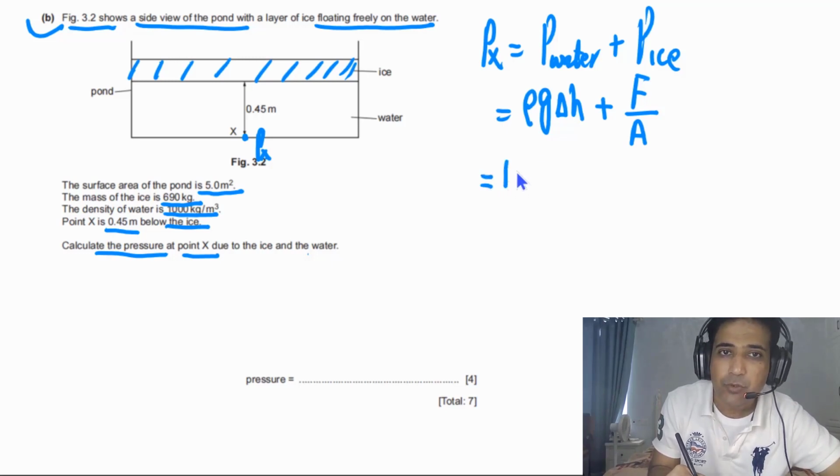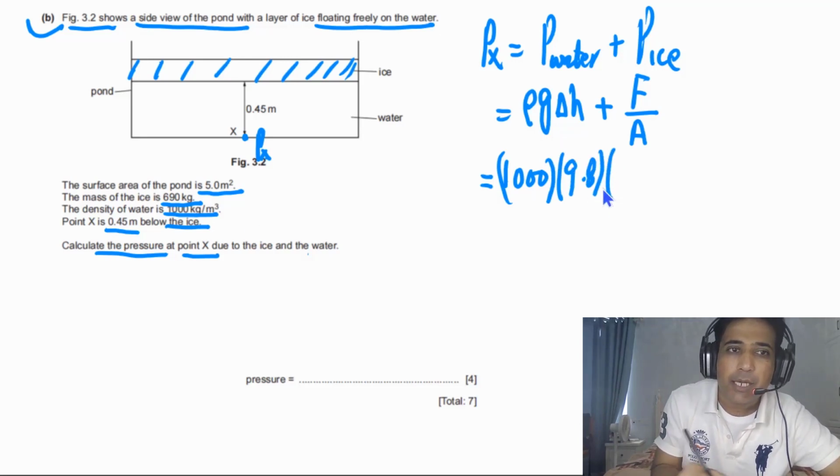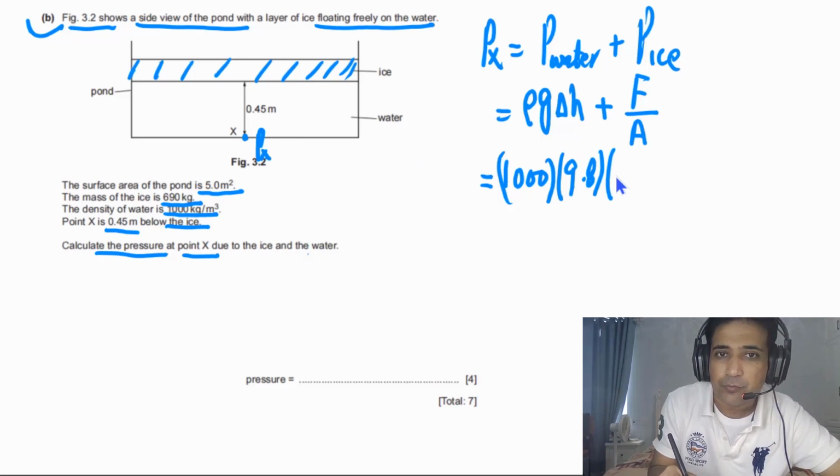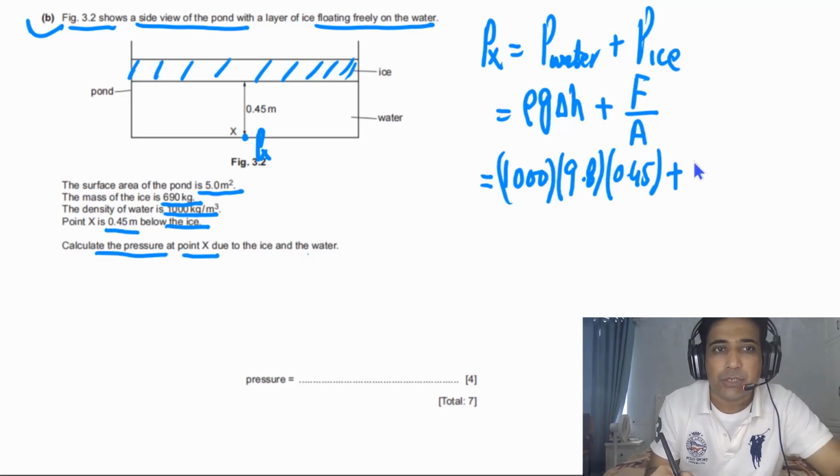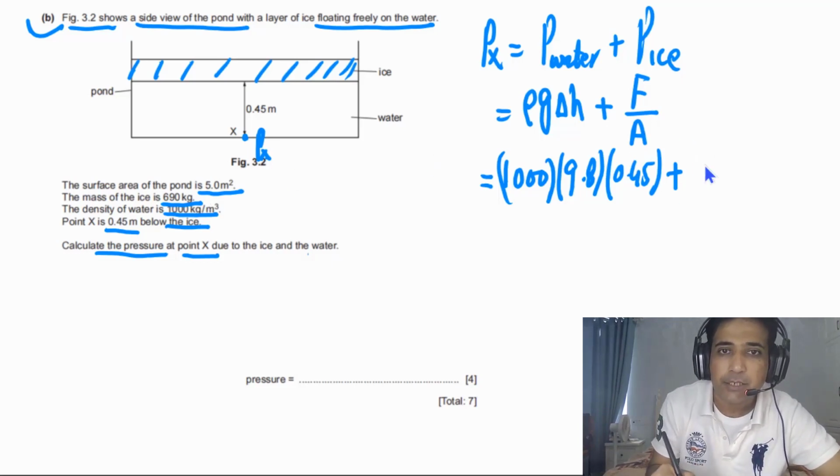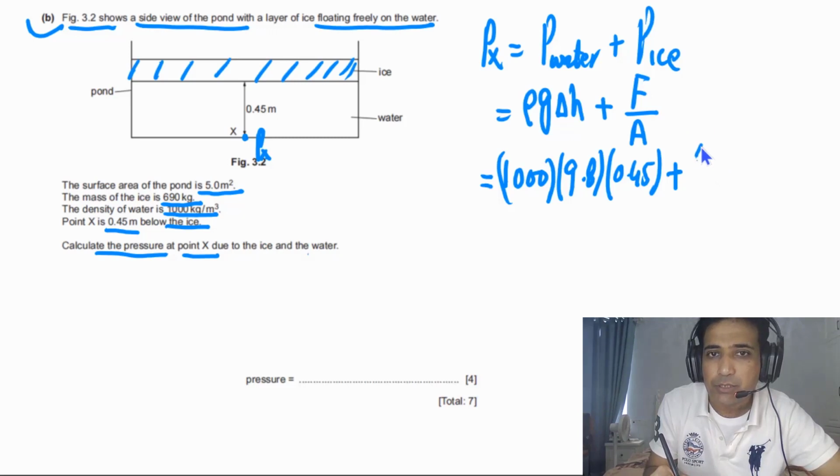We have density of water, that is equal to 1000. We have value of G, that is equal to 9.8, and the height we have, that is 0.45. So simply we can write on here 0.45 plus force over area. Force in this case is equal to weight of the ice. Mass of the ice we have, 690.